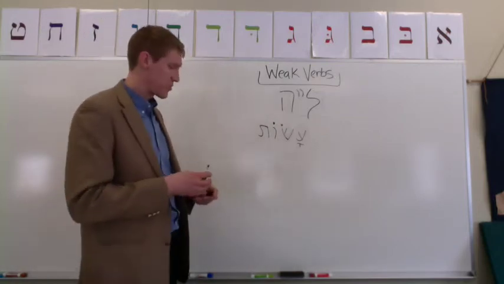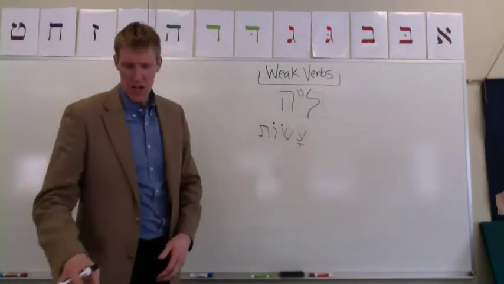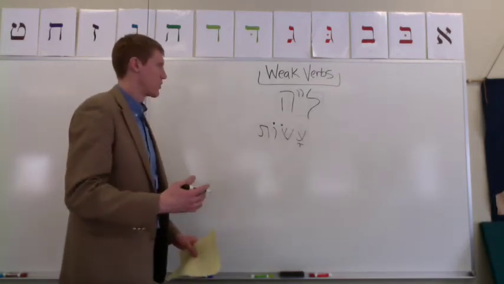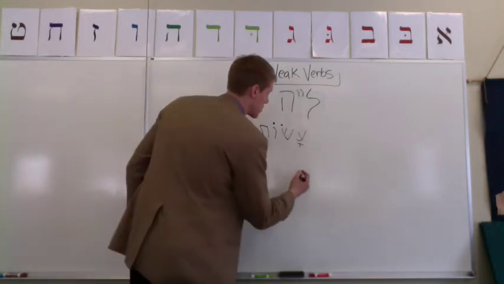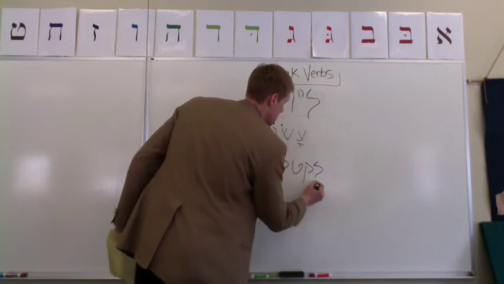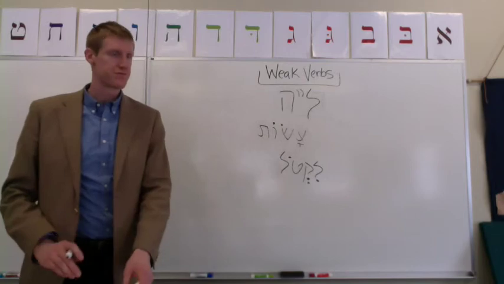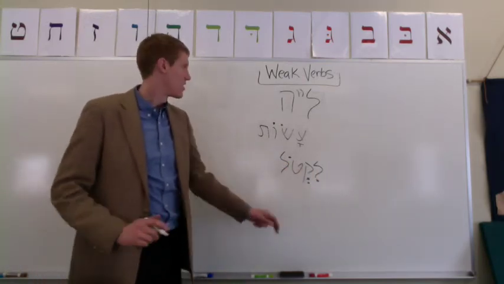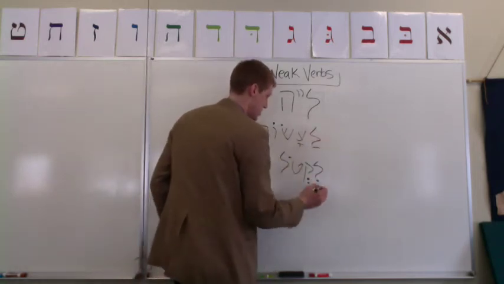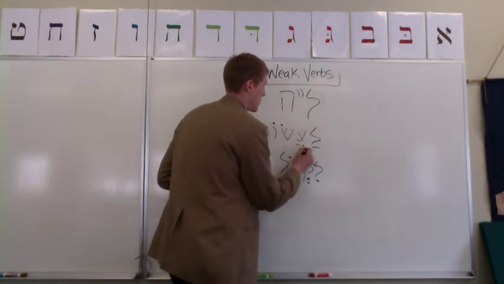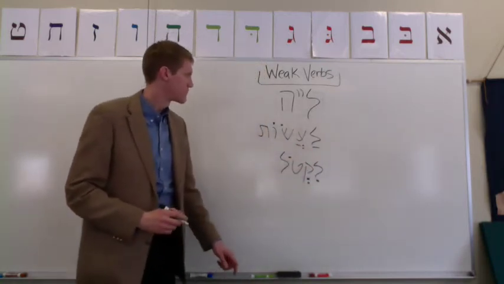So that's one example, and here's an example of what a normal pa'al infinitive construct looks like: liktol. Right, so our root here is kof, tet, lamed. You got your preposition. Actually, this is usually going to be la'asot, like that.